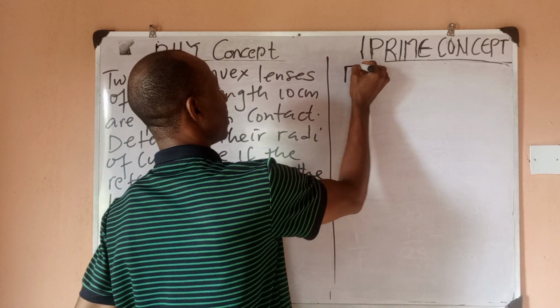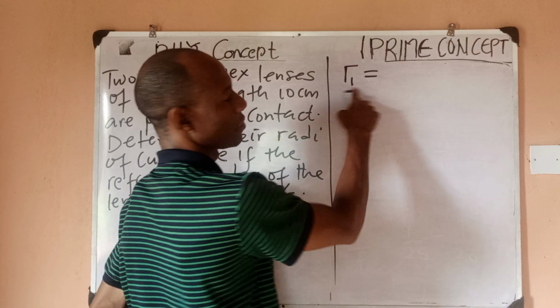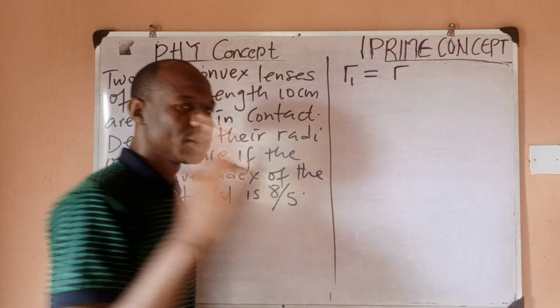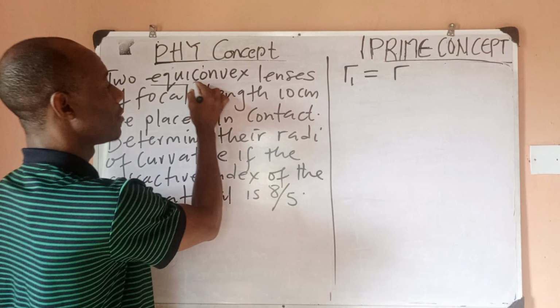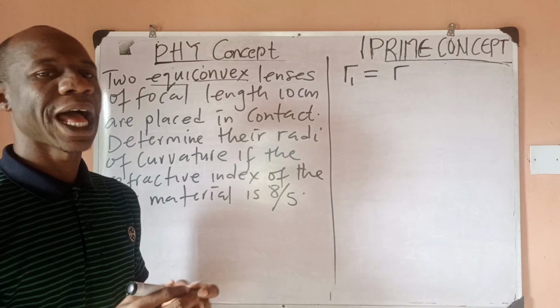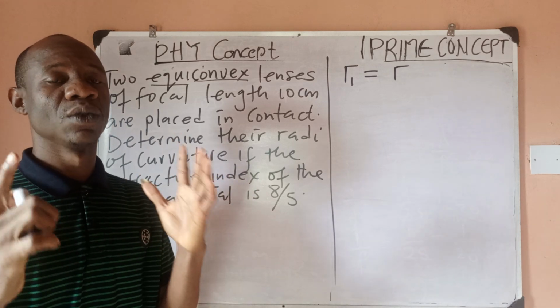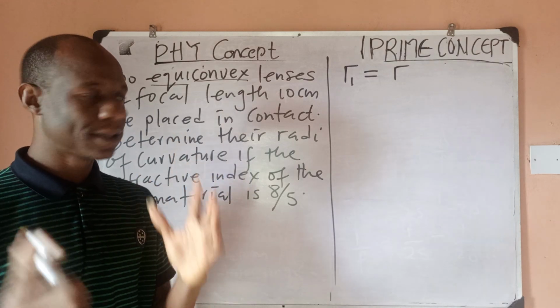So if I say let R1, which is the first radius of curvature, equals R. Now remember, if we are dealing with a convex lens, we mentioned that R1 would be positive, that is the sign convention, and R2 would be what? Negative, right? Yes.